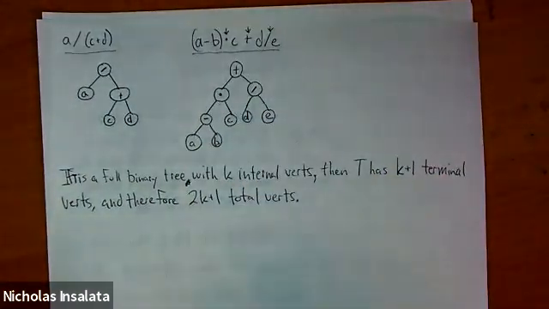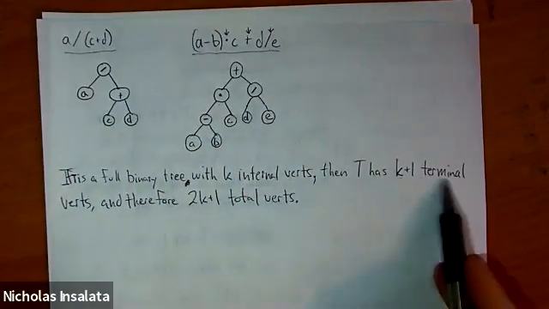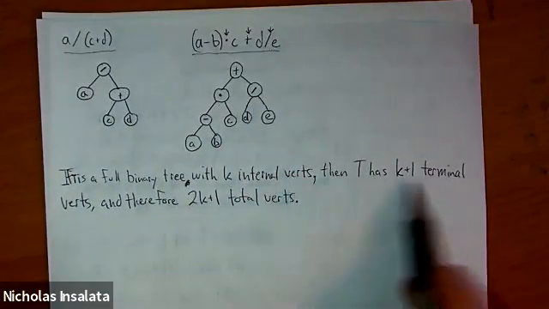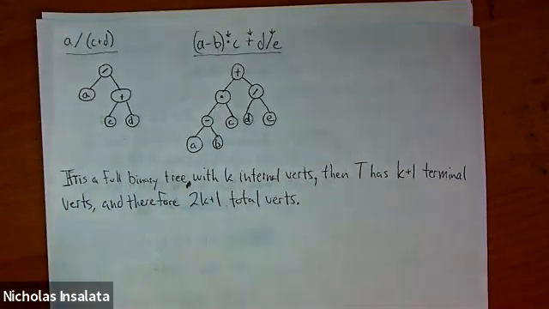Right. So if it has K internal vertices and K plus 1 terminal vertices, then just adding those together gives us a total of 2K plus 1. Right? Is everybody happy with that? Any questions there?